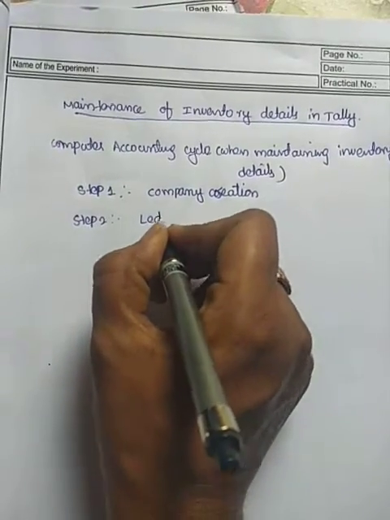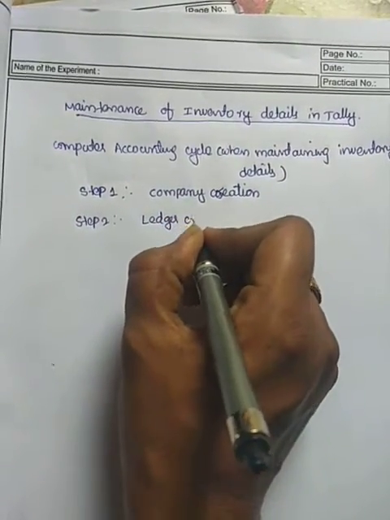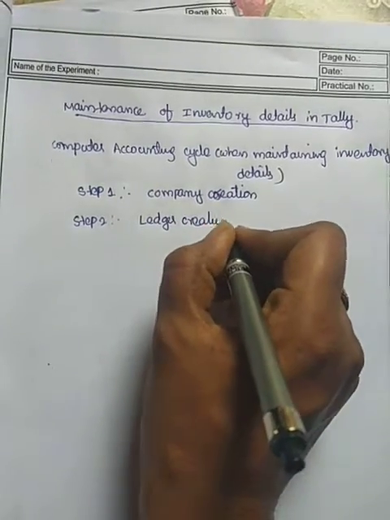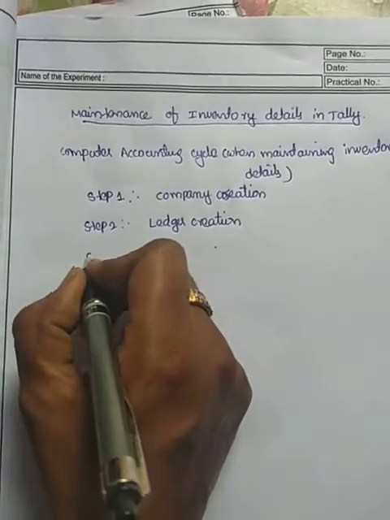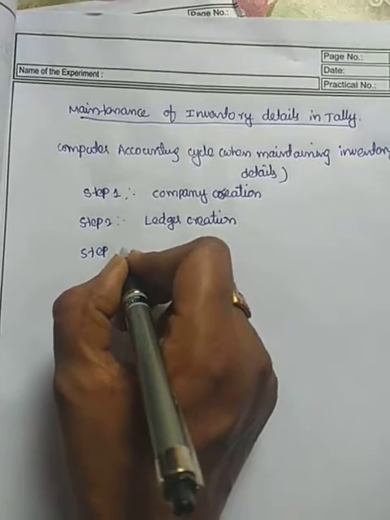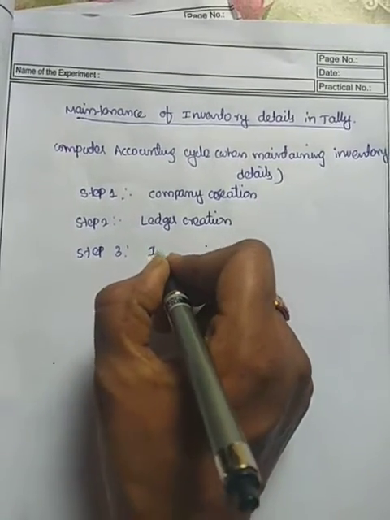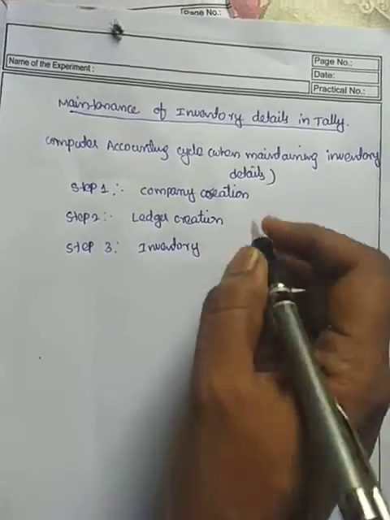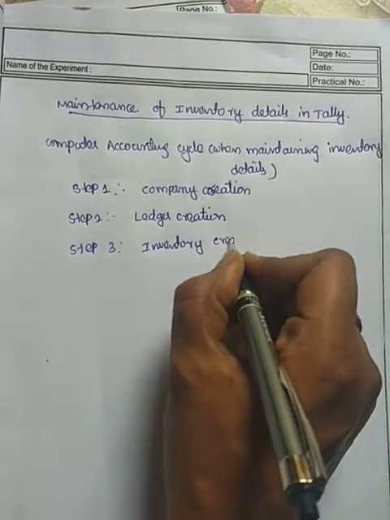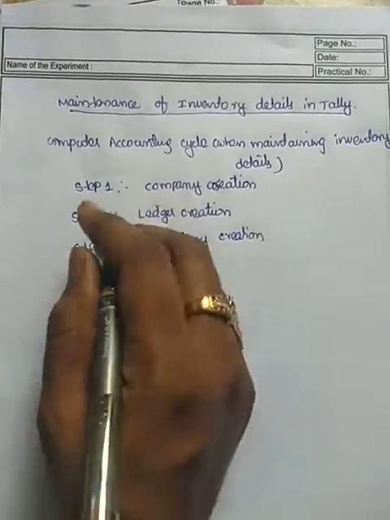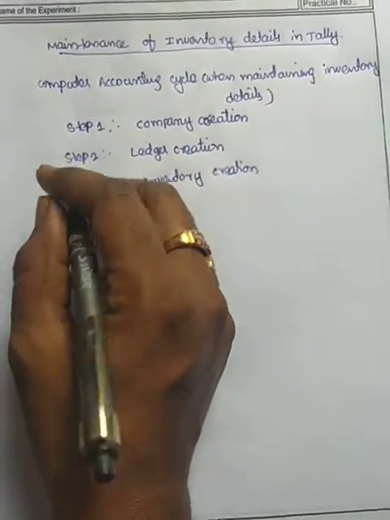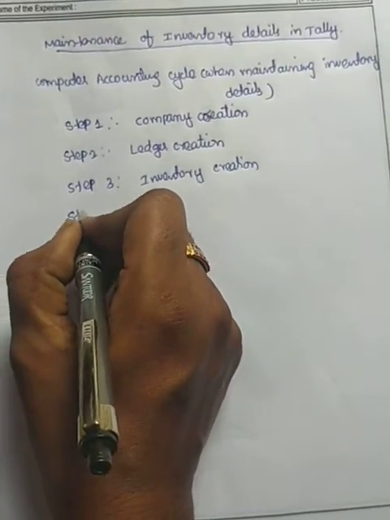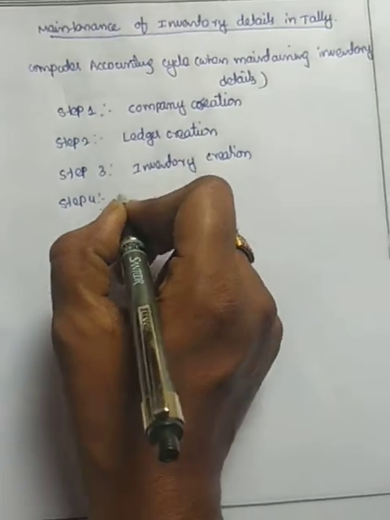The second step is ledger creation. Step 3 is inventory creation. Step 4 is voucher posting.